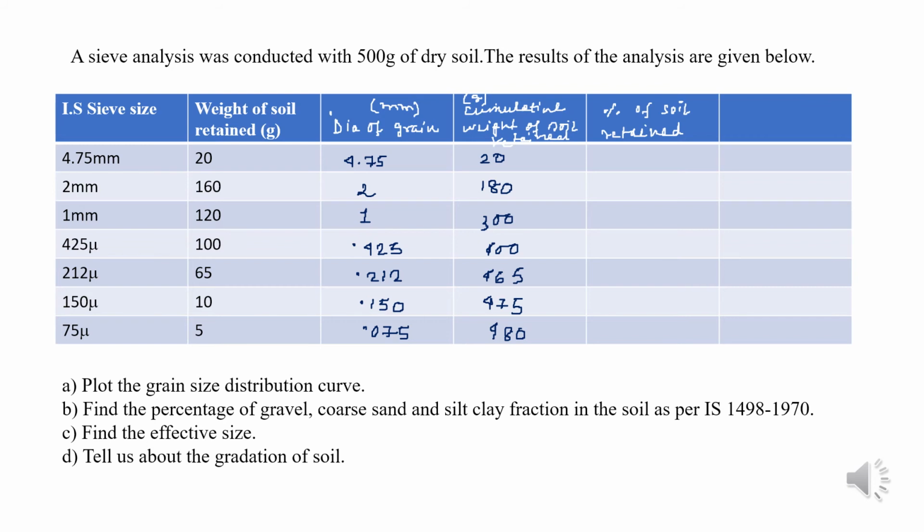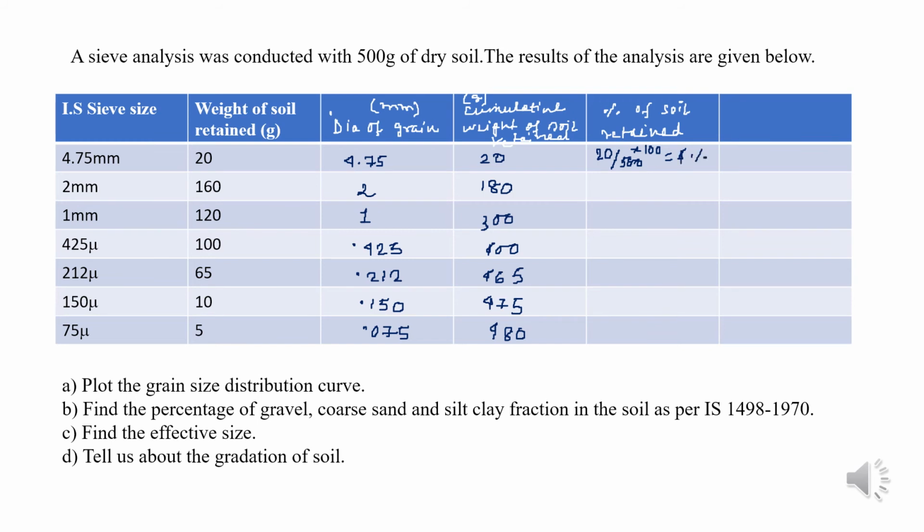So how to calculate? So it's basically 20, the cumulative weight of soil retained, divided by the total soil sample taken, it's 500, and therefore into 100, and this gives 4%.